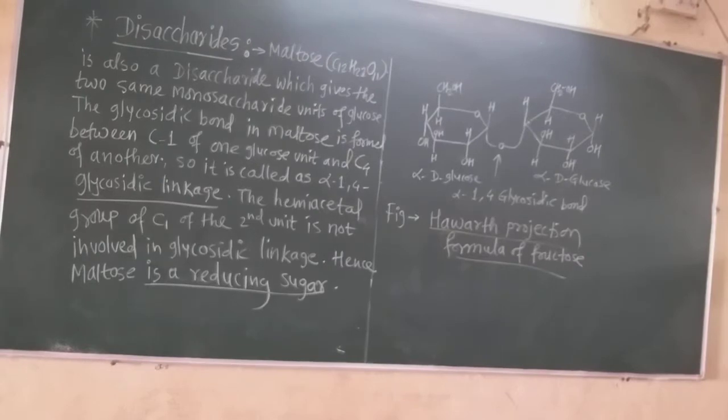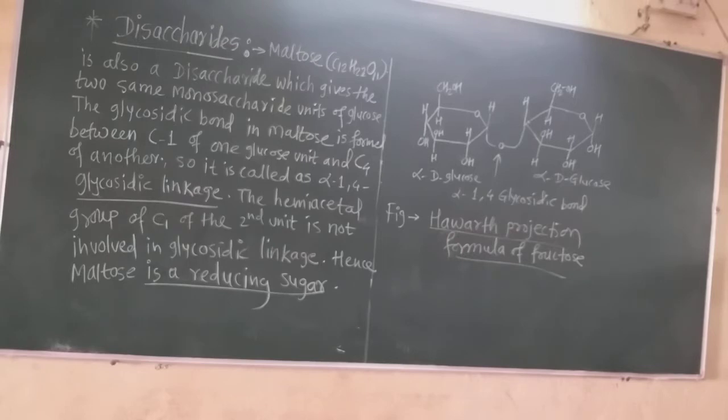Now see, this is another disaccharide sugar, that is maltose. Maltose is also a disaccharide sugar because on hydrolysis with dilute acids or enzymes, it gives 2 units of the same monosaccharide, and that monosaccharide is glucose, that is alpha D glucose. So maltose on hydrolysis with acids or enzymes gives 2 monosaccharide units of the same kind, that is alpha D glucose.